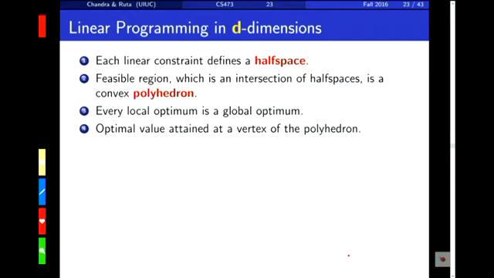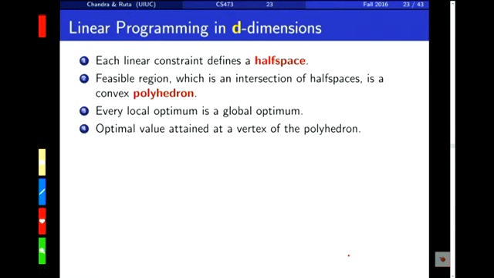And because it's a linear optimization, we are optimizing a linear function over a convex set. It has the property that local optima are global optima. You can try and argue about why this is true. And that is why the optimal value is attained at a vertex.